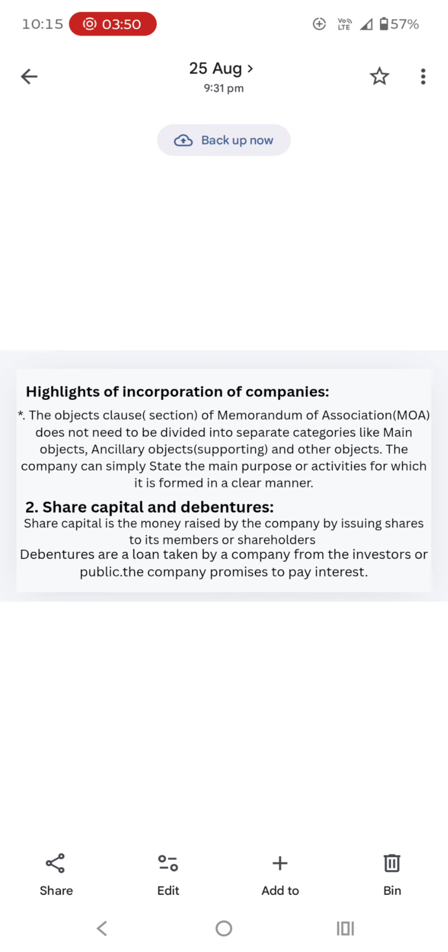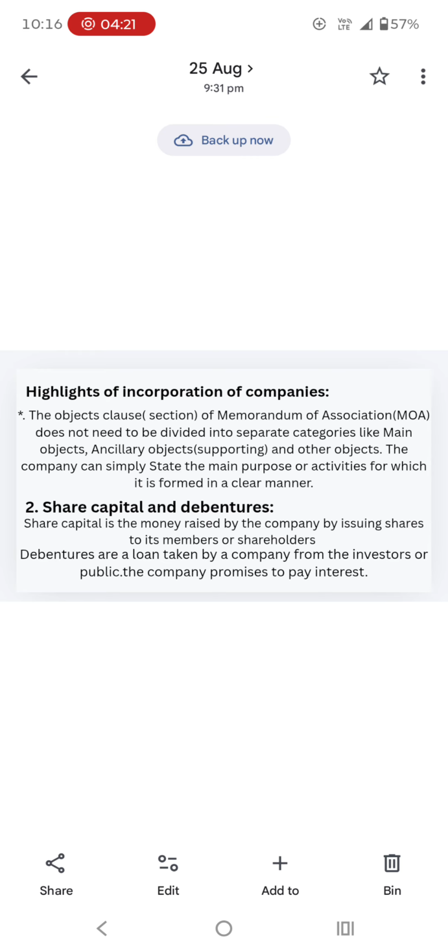Before, why the company is formed, for what purpose, what their objectives are, everything needed to be informed. But under the memorandum of association, according to the act of 2013, the company can simply state the main purpose. What are the activities they are going to do, it should be clear.